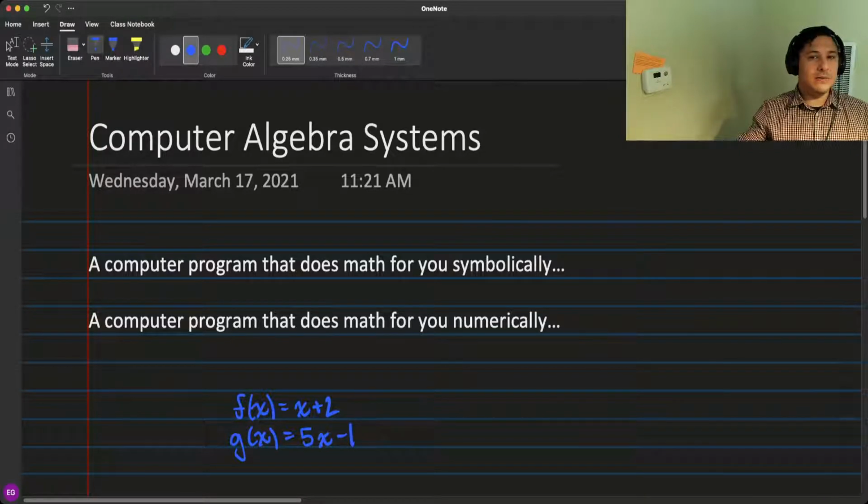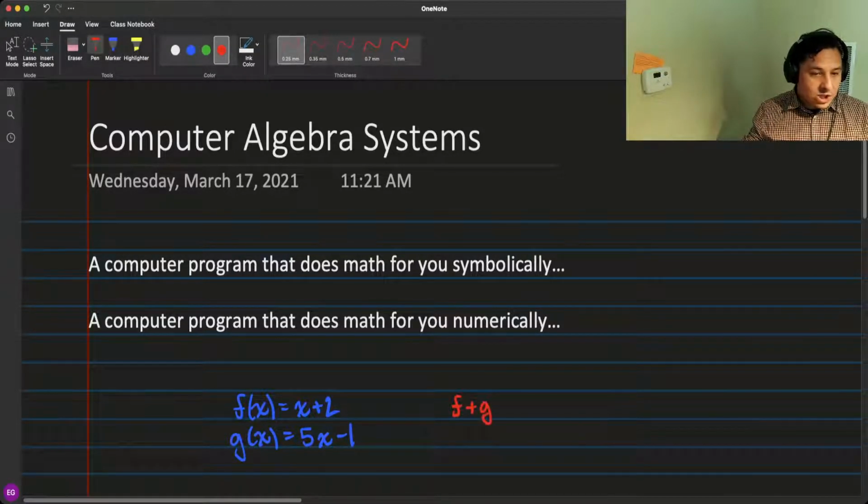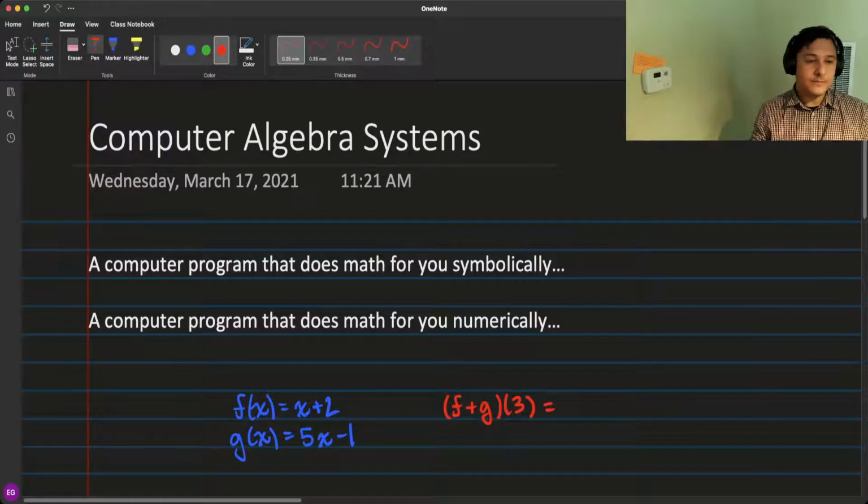Let's say that you wanted to calculate f plus g of 3. So I've made a new function that's the sum of these two functions, and then I'm evaluating it at 3. Let's just type that down. So what do I have here?